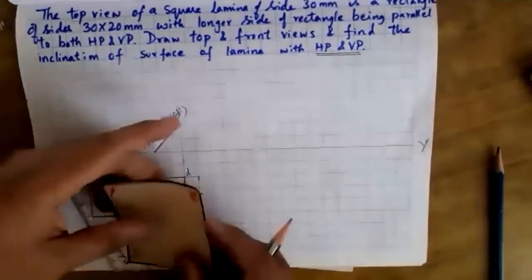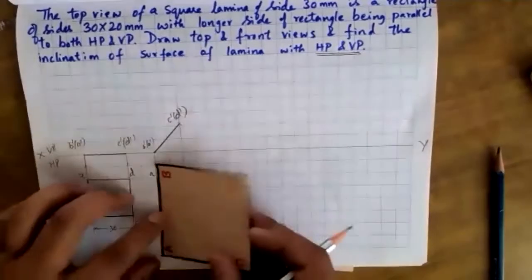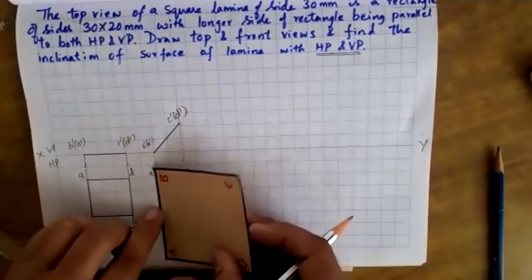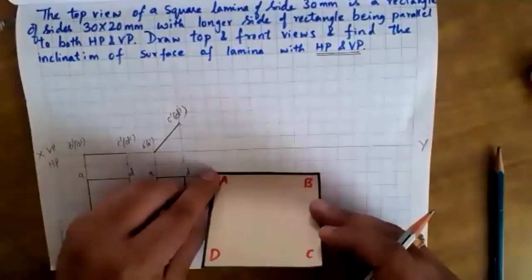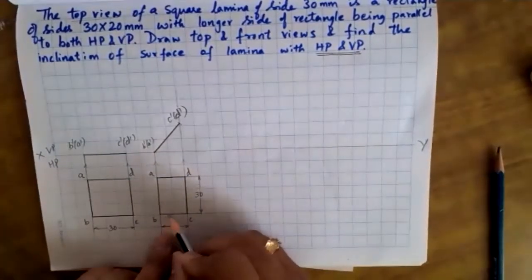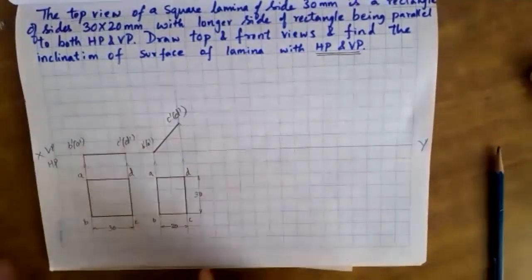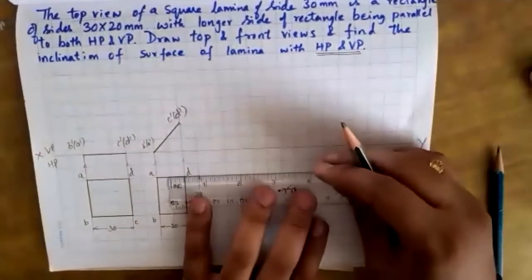See, first position, second position is over. Now I have to make AB parallel to both HP and VP. Now shift the same figure, the second top view, to the new position in such a way that AB, I'll repeat again.